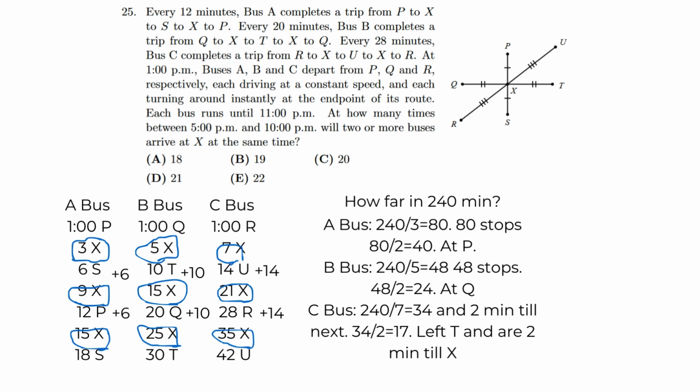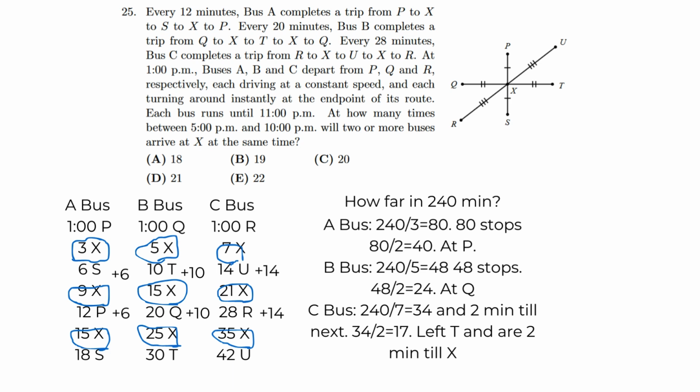Now let's see how far they go from 5 p.m. to 10 p.m. But wait, we need to know where they are at the start. So how far can these travel in 240 minutes? From 1 to 5 is 4 hours, and 4 times 60 is 240 minutes.